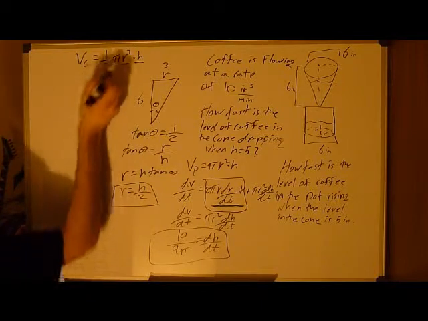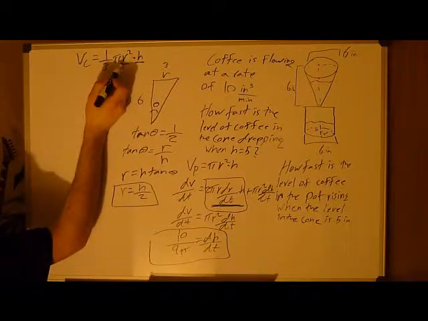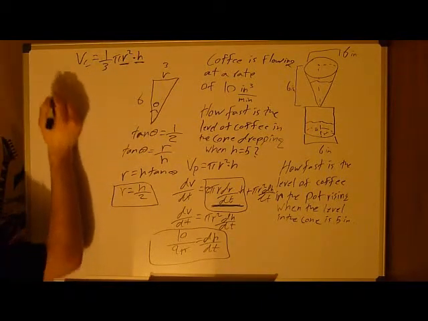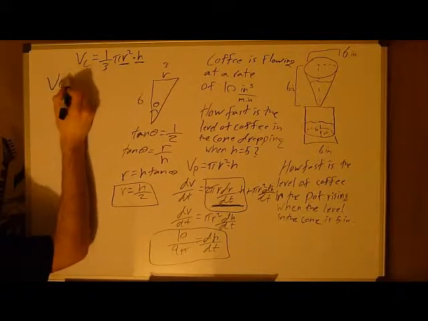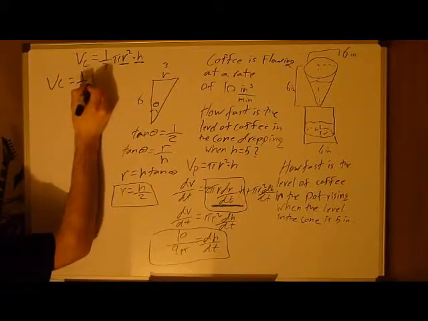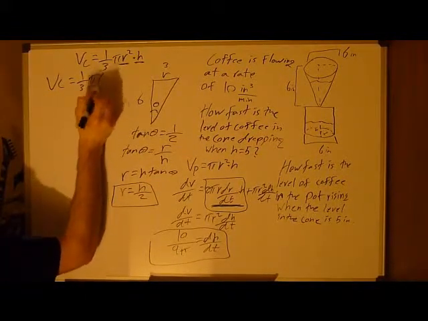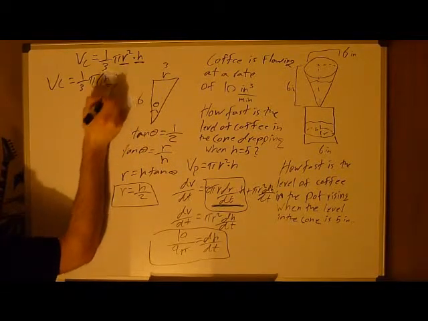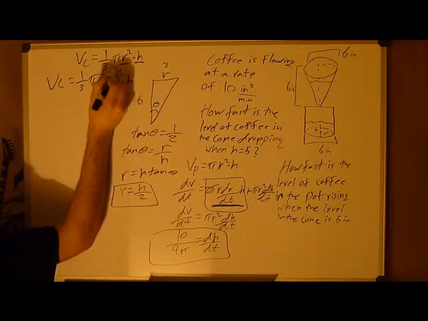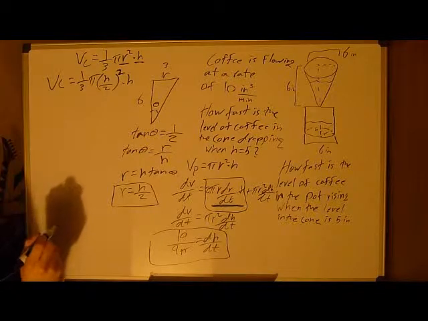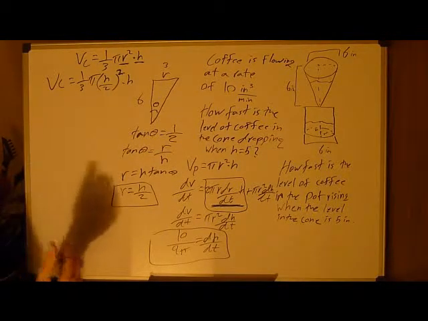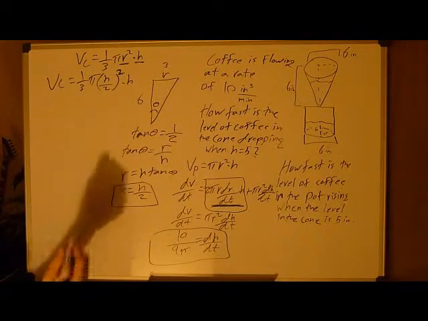Now we have one variable. If we plug this in for r, we're going to have one variable. So V sub C is equal to 1/3 pi times (h/2) squared times h. This is 2. Now we can just do some algebra to simplify.